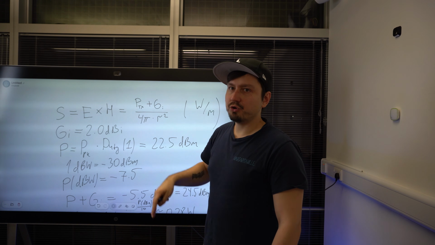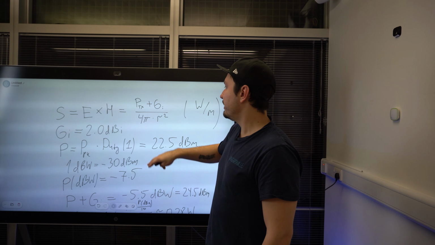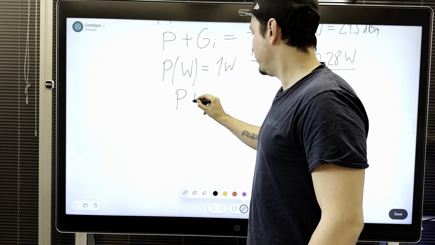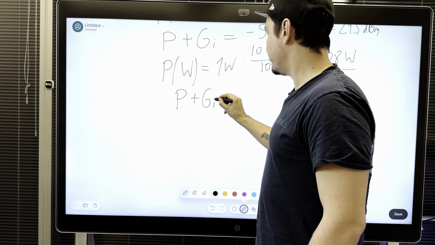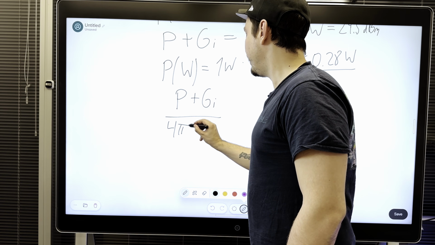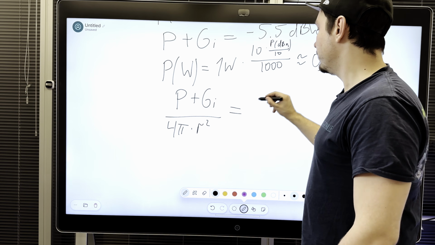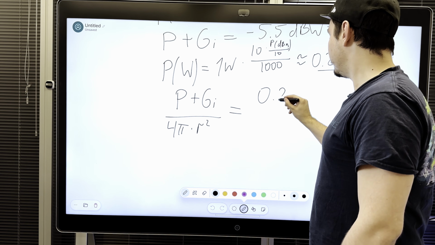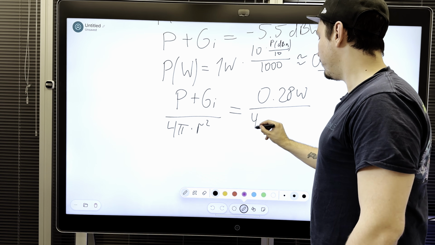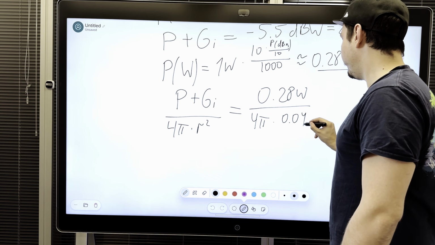So this is for the top part of this equation. This is now equal to 0.28. And then we're just going to divide it by 4 pi times r squared. So P plus gi over 4 pi times r squared is equal to 0.28 watt over 4 pi times 0.04.